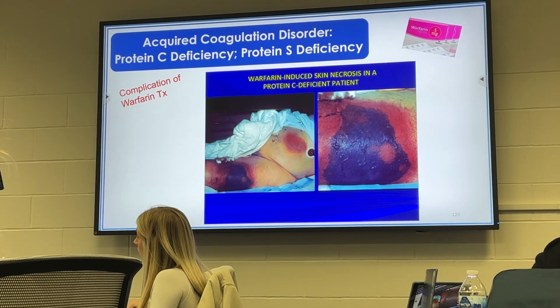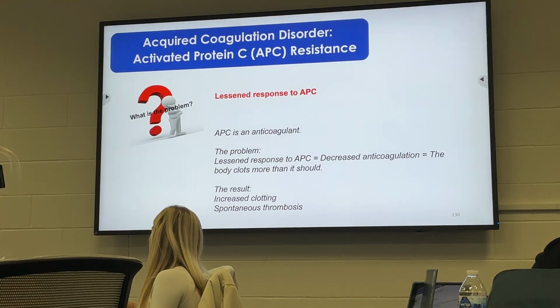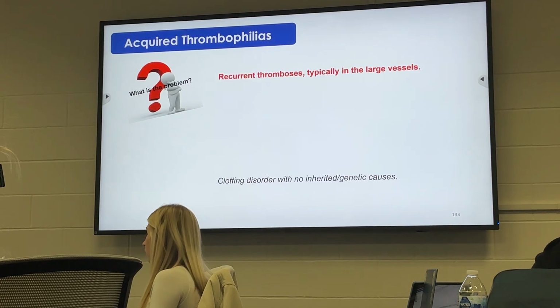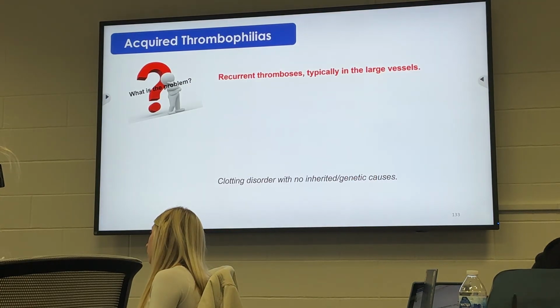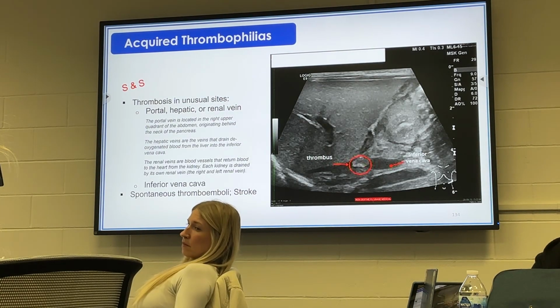You take your Coumadin, your blood gets too thin, and you've got issues with bleeding. Again, protein resistance. A constant state of thromboses, clotting, blood clots, especially in critical veins and vessels.